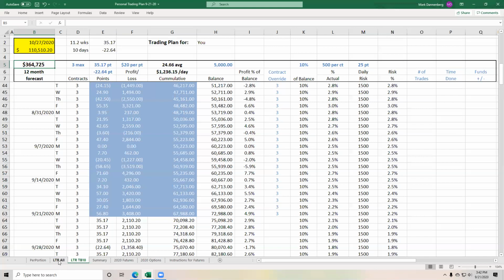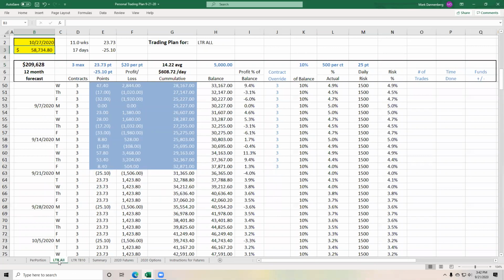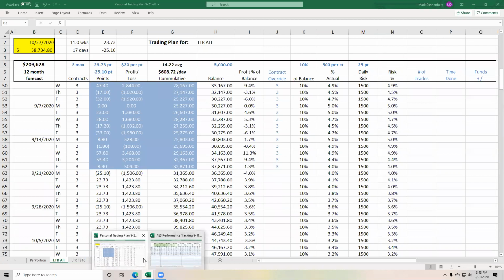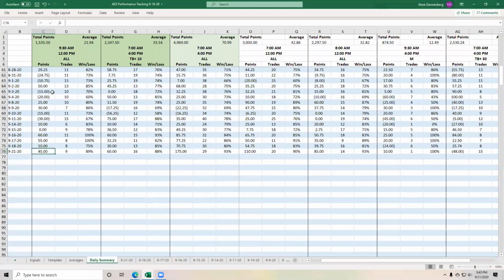Now we show this for demonstration, to show how to take your performance at the end of the day and plug it in and see what your financial forecast is. I'm going to do this for the all category, where we only trade from 9:30 to noon and we take all 4 signals. So we did 45 points today, 9 trades.